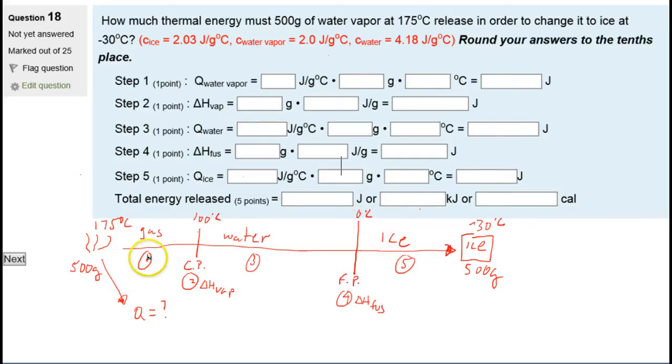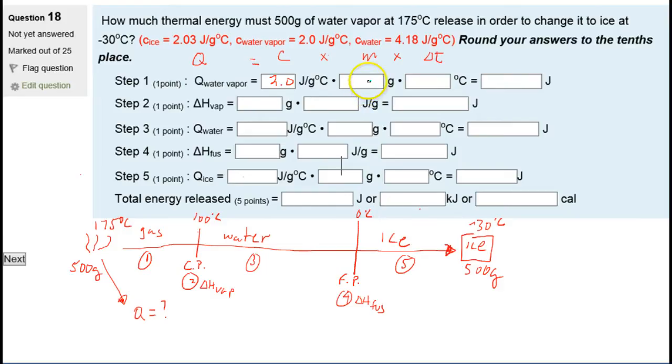Alright, so let's start with step 1 here. To figure out how much thermal energy the water vapor is going to release, all we need to do is use the thermal energy equation. Q equals the specific heat times the mass times the change in temperature. The specific heat of water vapor is right above here. It says it's 2.0 times the mass.